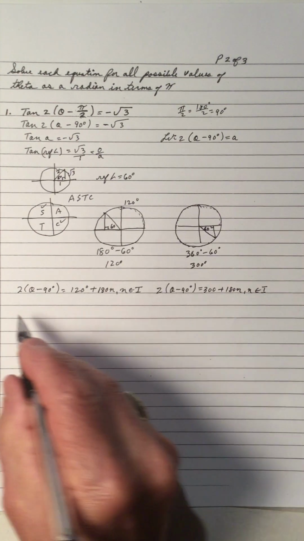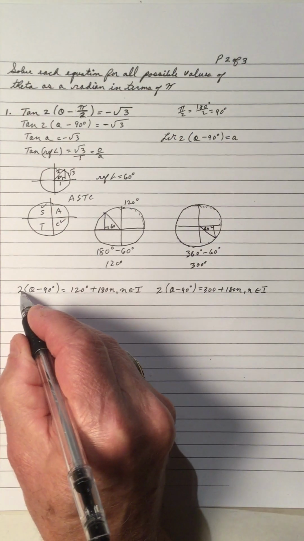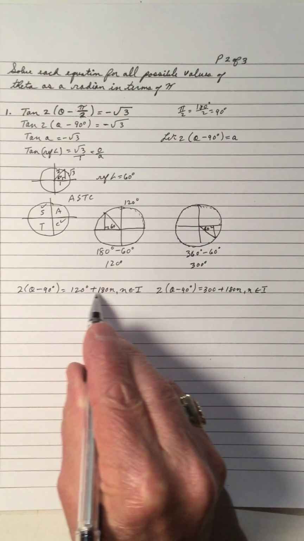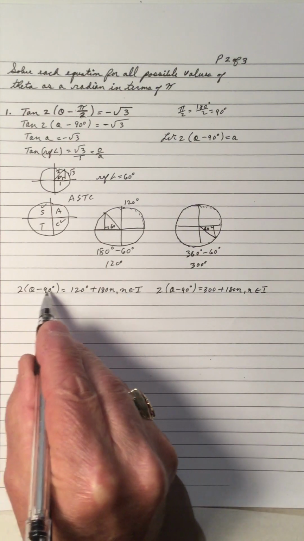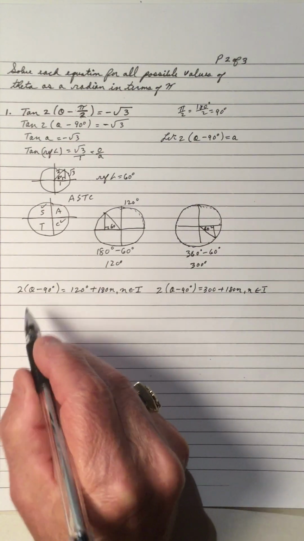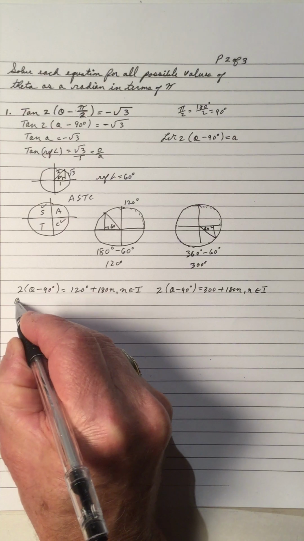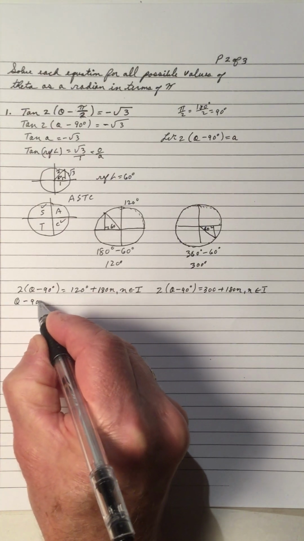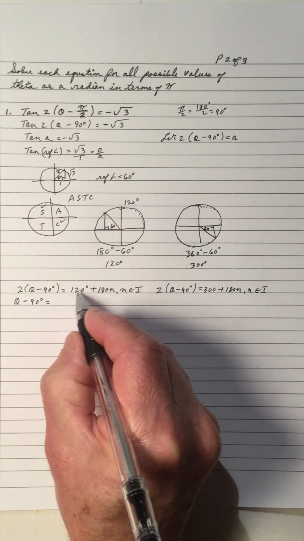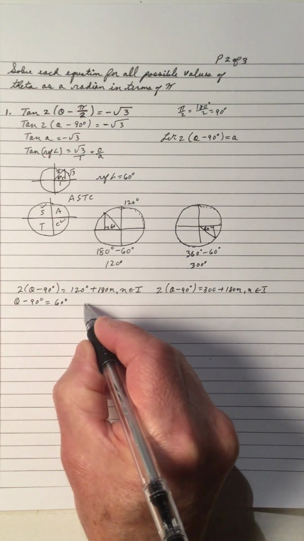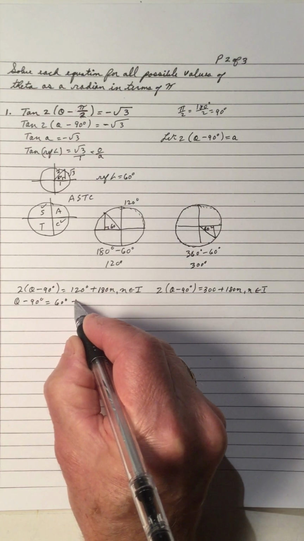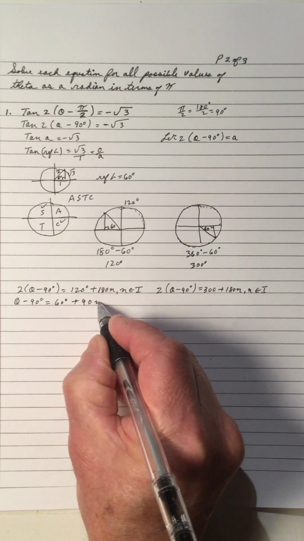Now this will help me find them all. I have a choice here: I can divide everything by 2, or I can multiply this expression by 2 and then solve for theta. I'm going to divide by 2. Theta minus 90 equals 60 plus 90n, since 2 into 120 goes 60 and 2 into 180n goes 90n.